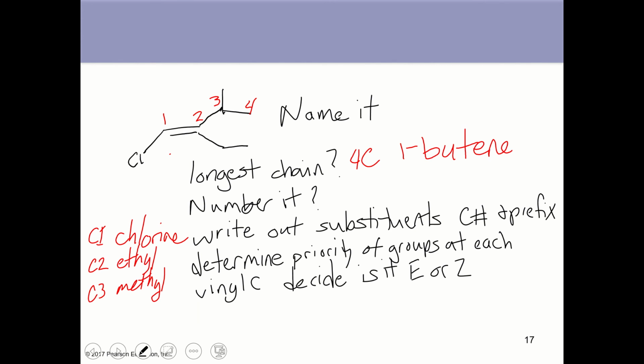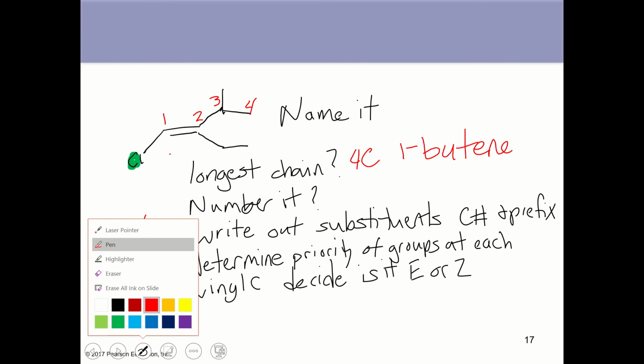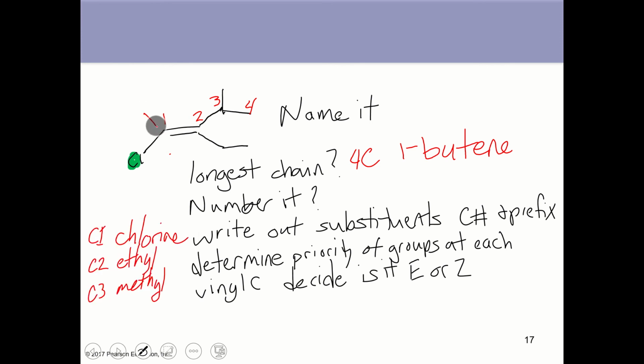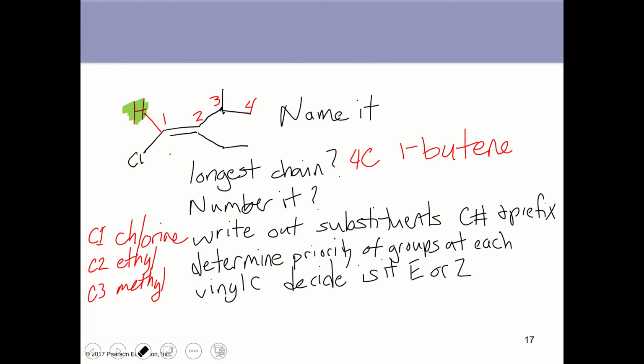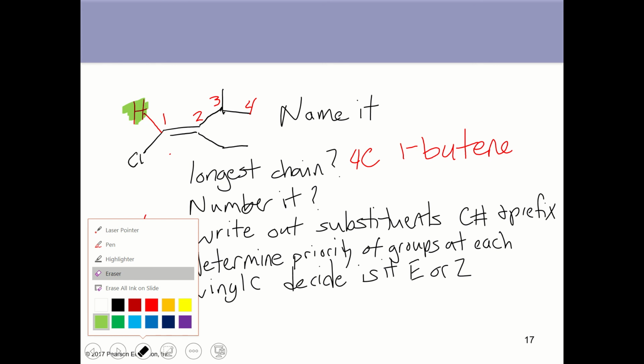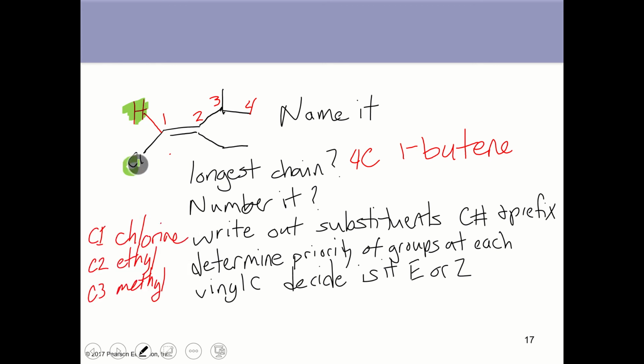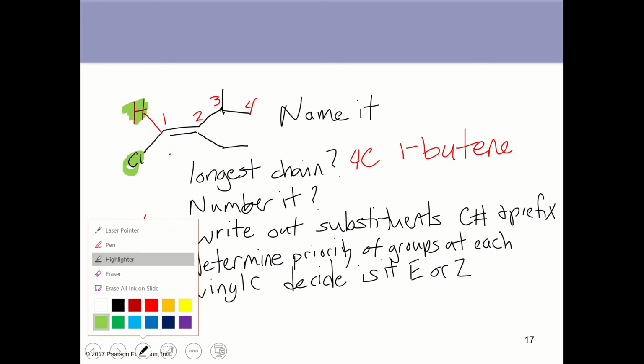The left vinyl carbon is bonded to chlorine, and if I draw it in, it's bonded to hydrogen. If we compare chlorine and hydrogen, chlorine has a higher atomic number and is our higher priority group.